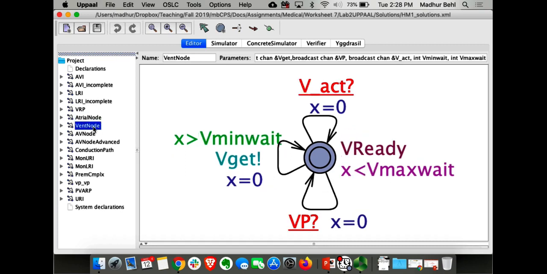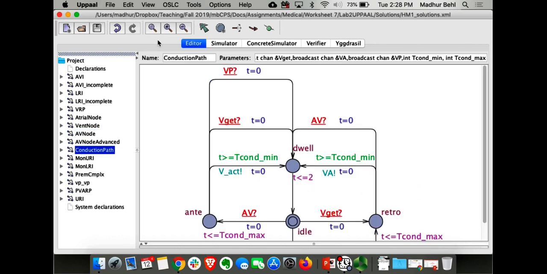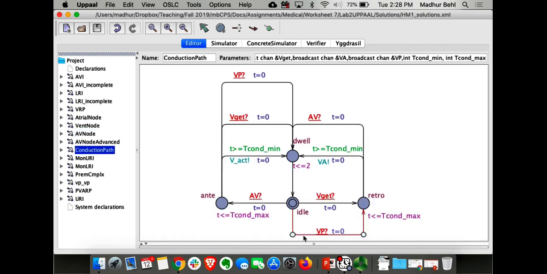Ventricle is the clone of this with different labels. The AV node is the one which has a dedicated ERP to prevent back propagation. And the conduction path is more or less the same with a special provision for accepting signals from the pacemaker. So any questions? We'll see the entire heart model and then it will become more clear.